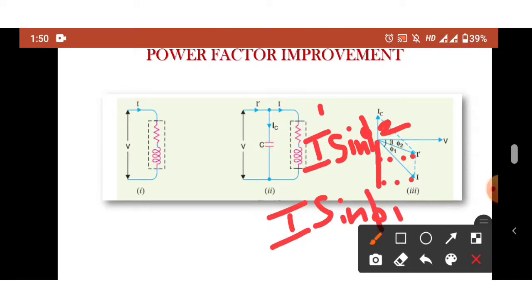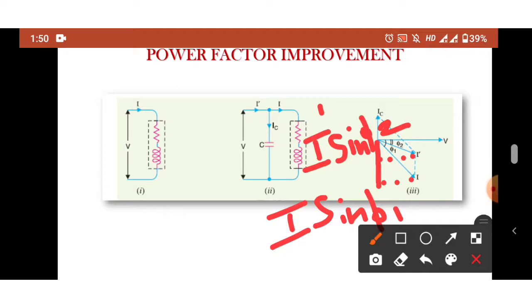So, I dash sine phi 2 is the net current. From this phasor diagram, it is clear that I dash sine phi 2 is lesser than I sine phi 1. That is, I sine phi 1 was the initial reactive current.